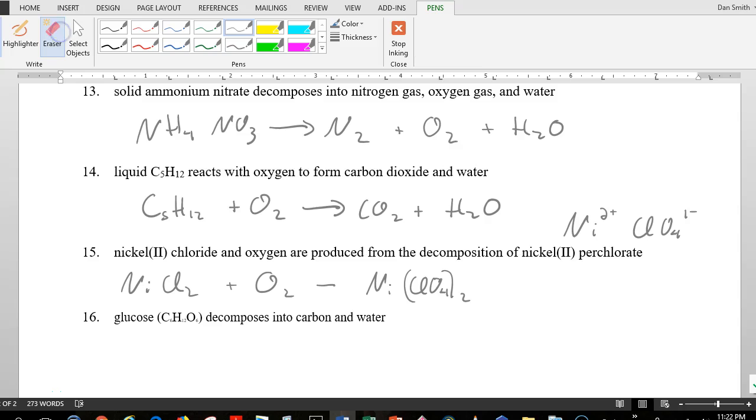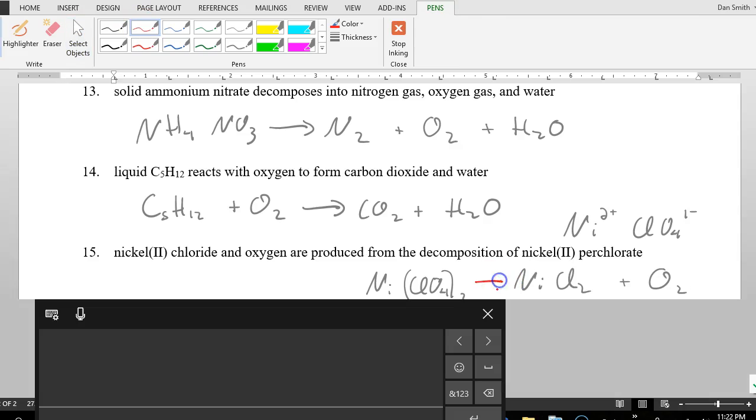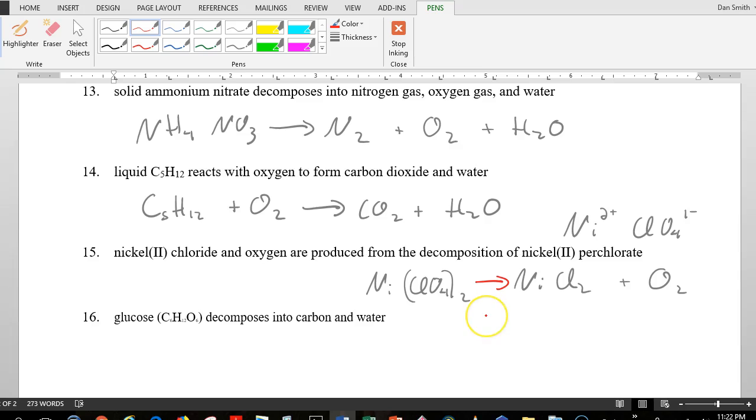And now we got to bring this over here since we didn't quite do that right. I read in sentence order. And there we go. Thank you. That's a little bit better in order. So nickel perchlorate decomposes to make nickel chloride and oxygen gas.